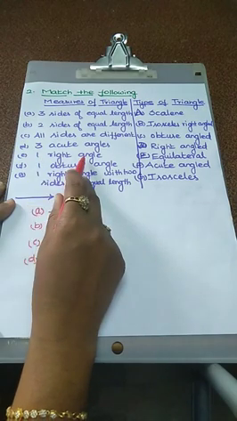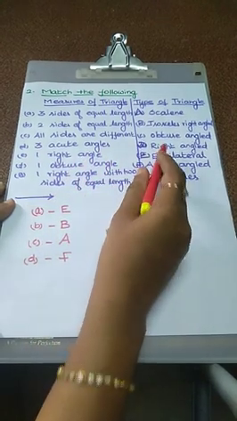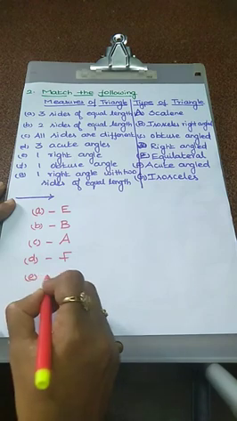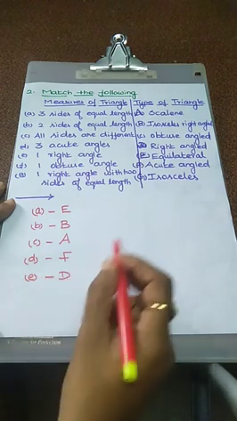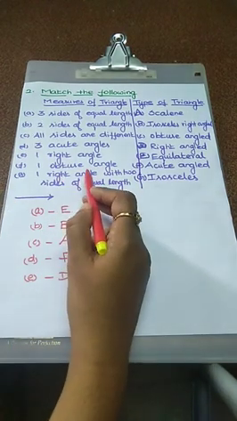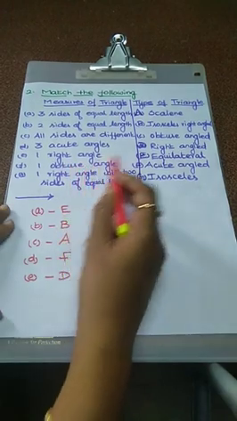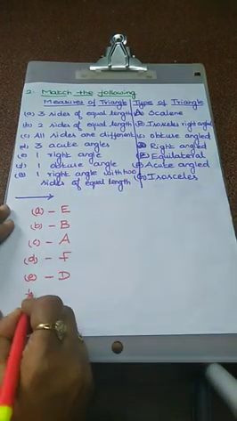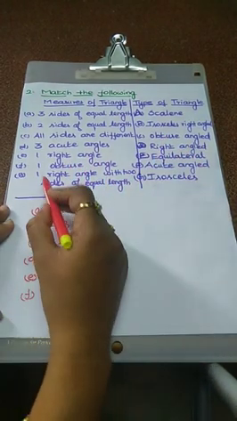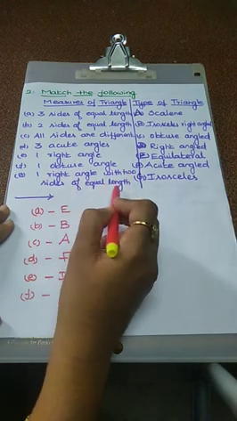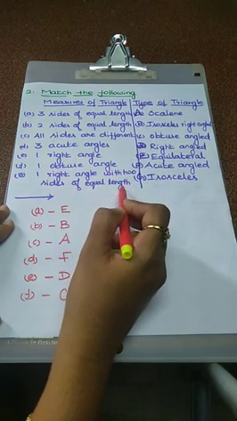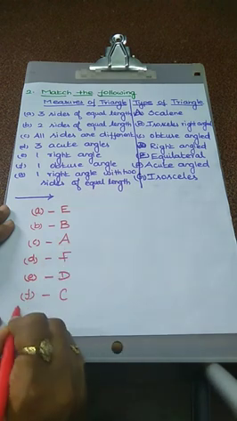One right angle, that is a right angled triangle. Another one, obtuse angle, that is an obtuse angled triangle. One right angle with two sides of equal length. What is that? Isosceles right angled triangle.